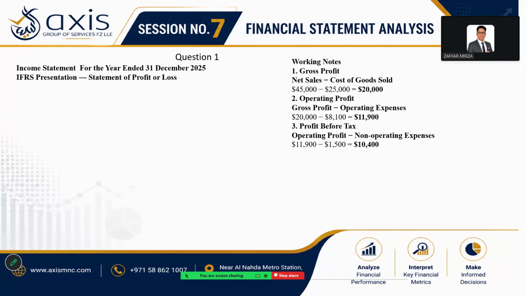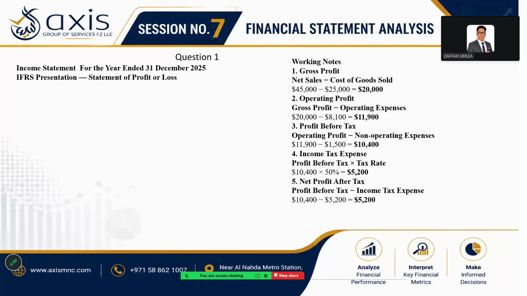After that, what is the element? Income tax expense. Profit before tax multiplied by the rate, 5,000. So net profit after tax is 5,200 USD.